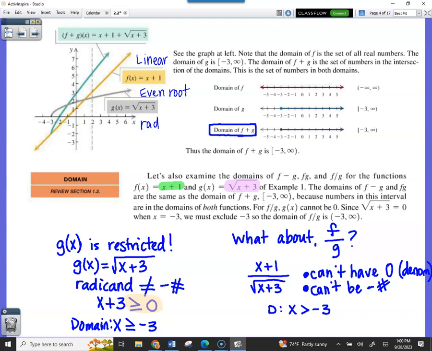The pattern is if it's a fraction, bottom can't be 0. If it's an even root, set the radicand greater than or equal to 0. Unless the even root's in the bottom of a fraction, then you have to take the or equal to off. Those are the three things every time. That's it.